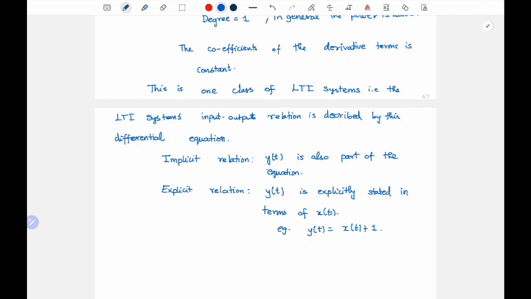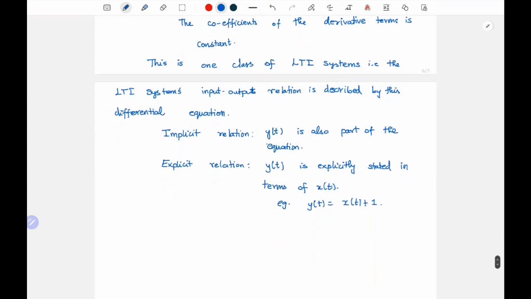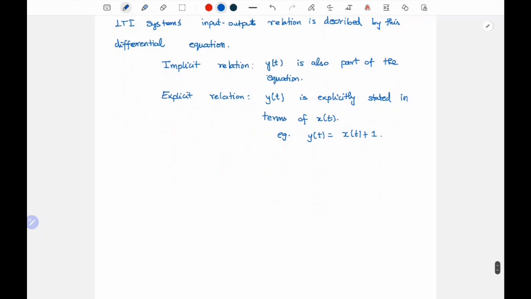So if it is implicitly stated in the form of this differential equation, we actually need to find the solution of the differential equation to find the explicit relation.